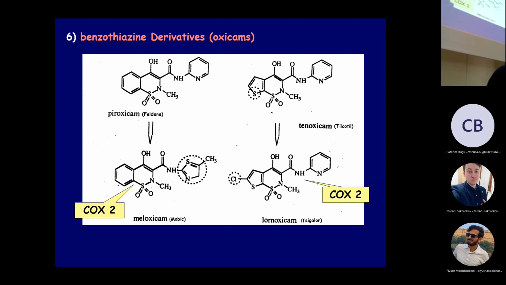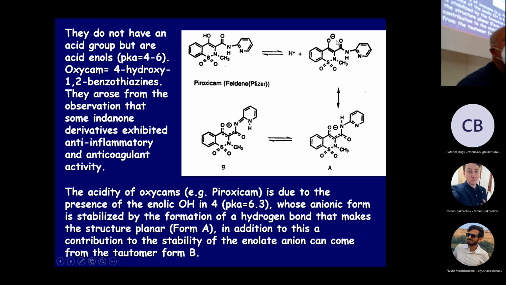In this case, OH is not a clear acidic function, but we'll see that it's possible to lose the acidic proton in order to have a negative charge, and this negative charge is able to interact with arginine 120, which has a positive charge, by an ionic bond.